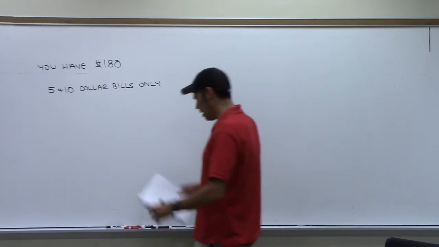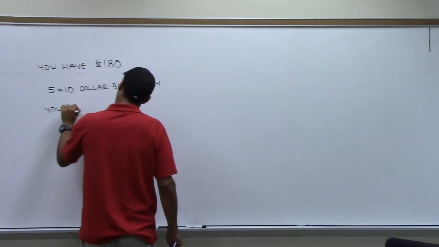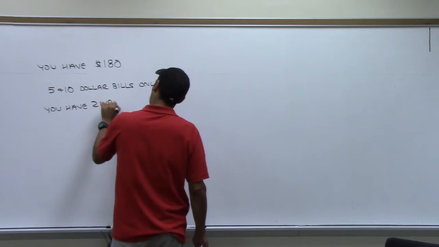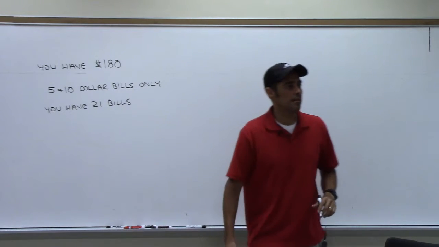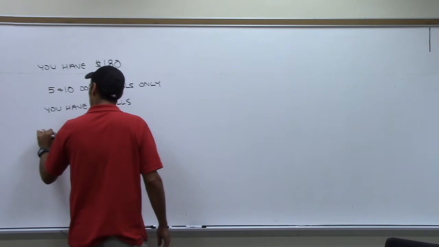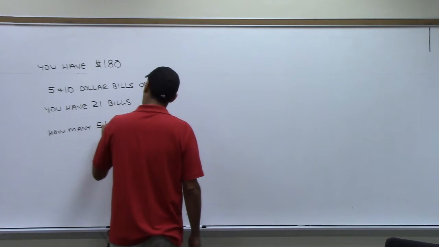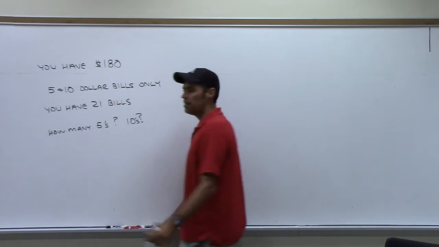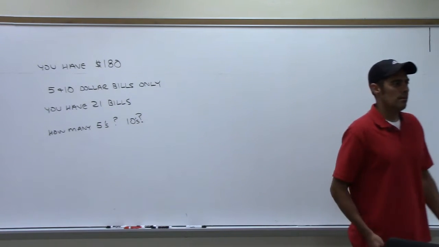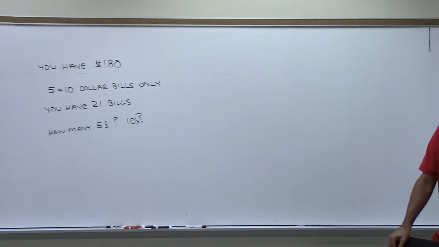But I'm going to tell you that you have exactly 21 bills in your pocket. How many 5s and how many 10s do you have? Understand the question? You have $180 in your pocket. All you have are $5 and $10 bills. You have 21 bills total. How many of them are 5s? How many of them are 10s?